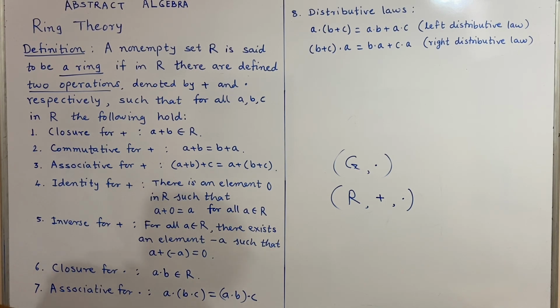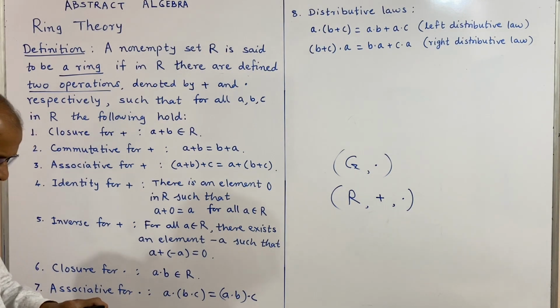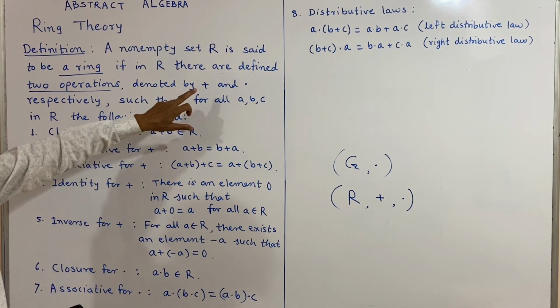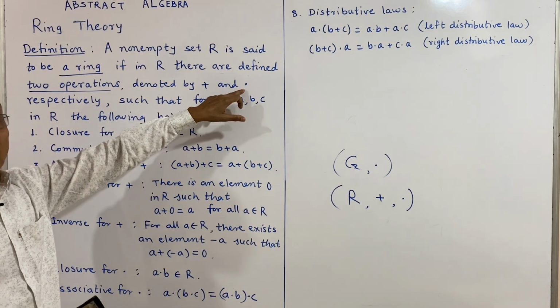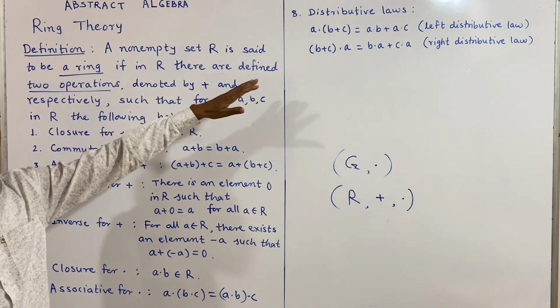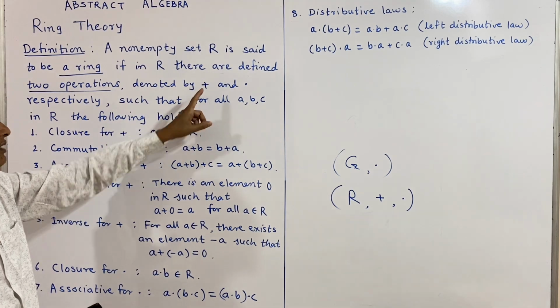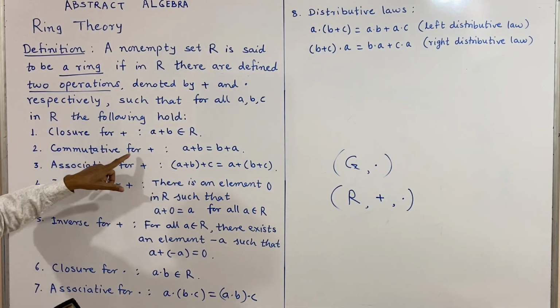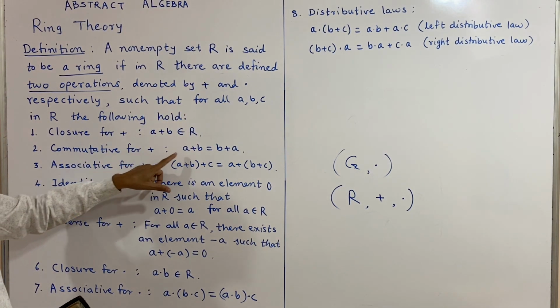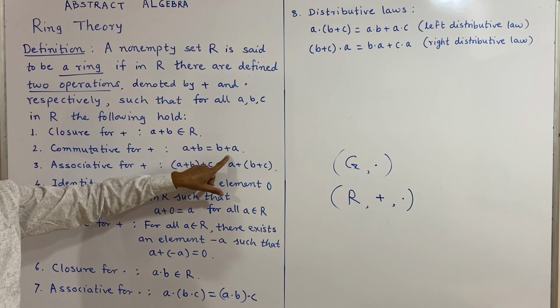We know the usual addition is commutative, but here the addition associated with ring theory is plus and dot, which may or may not be the usual addition and multiplication. But for this operation plus, it must be commutative: A plus B is equal to B plus A.